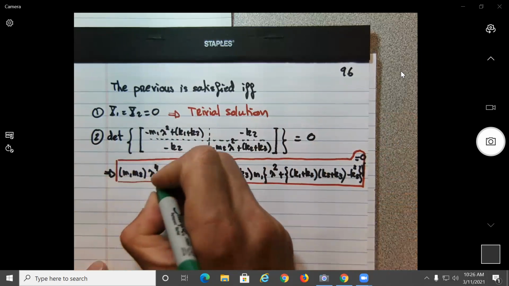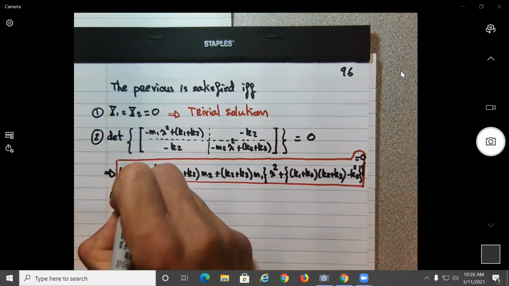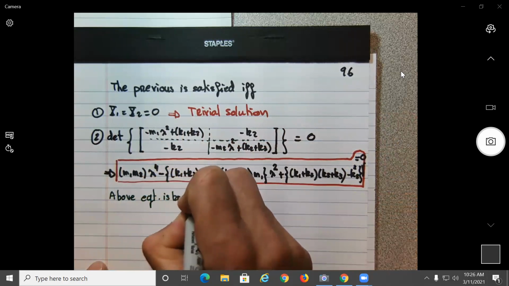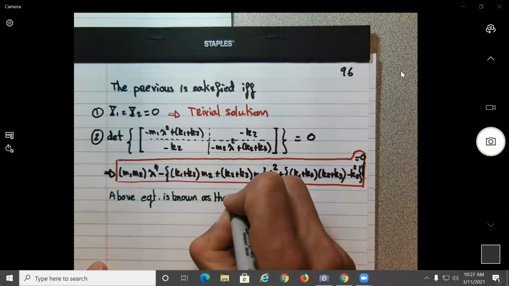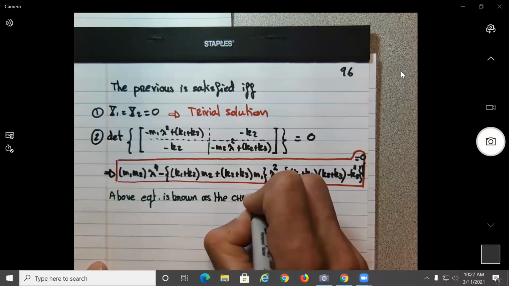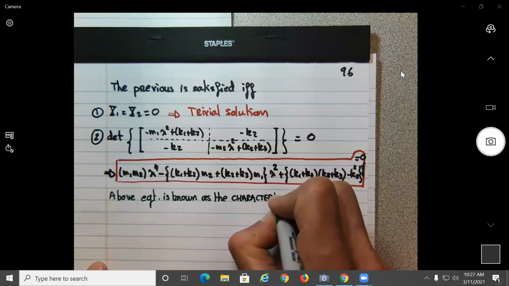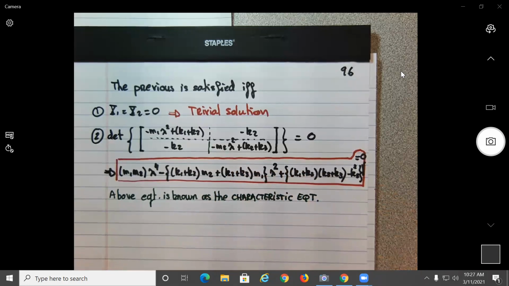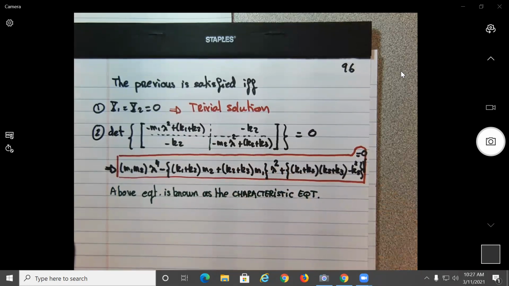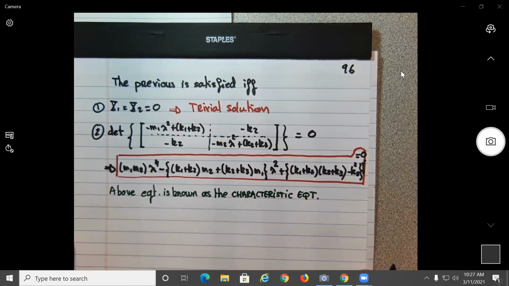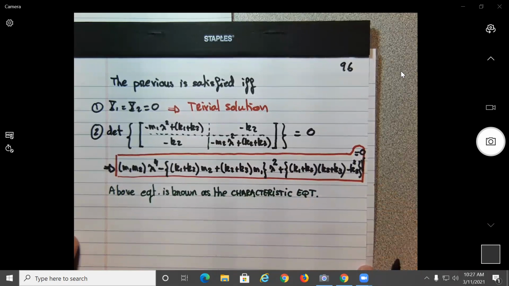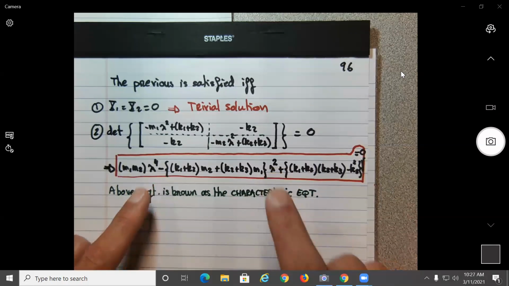Okay, so this above equation is known as the characteristic equation. So you see that equation is in function of lambda to the fourth, lambda squared, no?